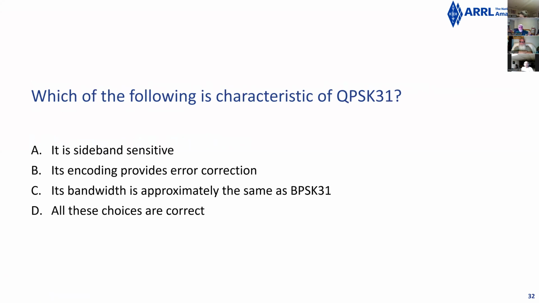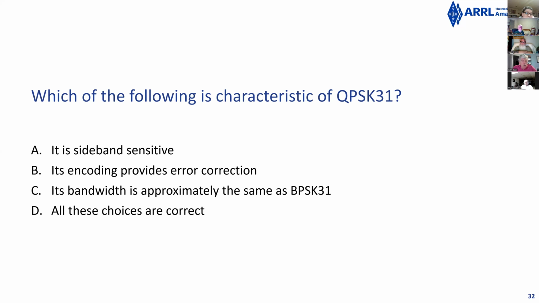Which of the following is characteristic of QPSK31? It's sideband sensitive. Its encoding provides error correction. Its bandwidth is approximately the same as binary PSK31. Or all these choices are correct. Guesses? Unmute, make a guess.